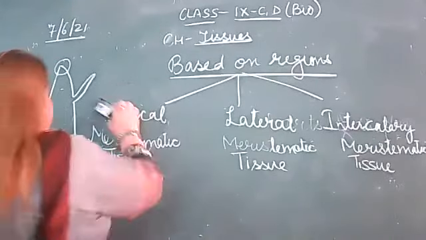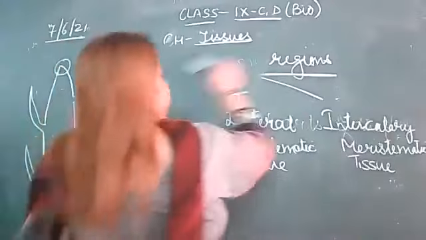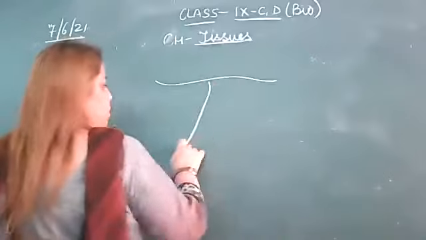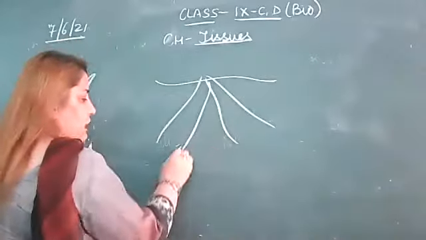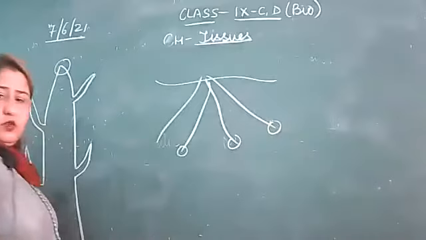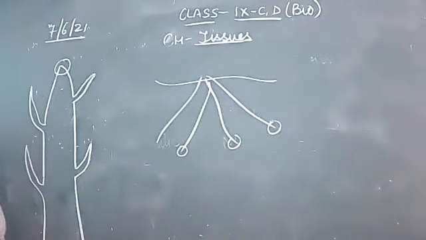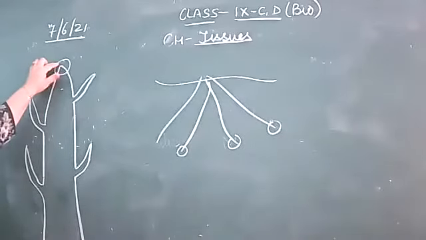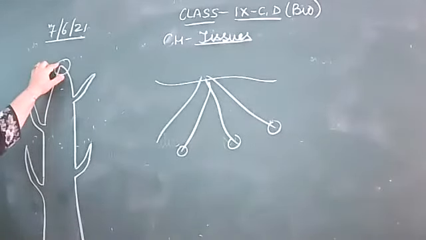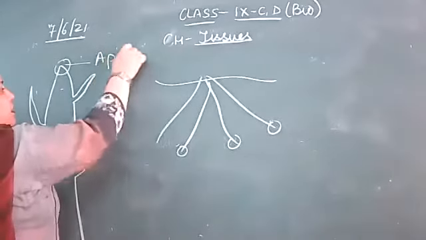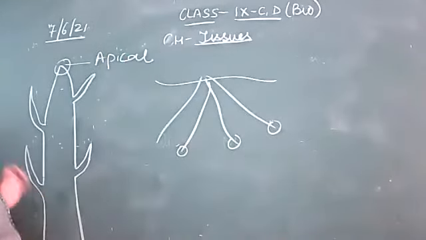Suppose these are the roots, right? These are the tips of the roots also. So these are present at the apex, that means the tip. Here the apical meristematic tissues are present. Which ones will be here? Apical, right? Is it clear, bete?